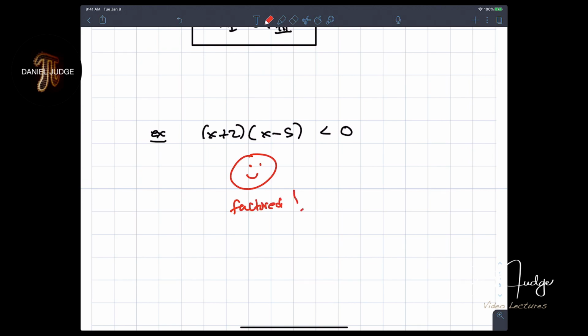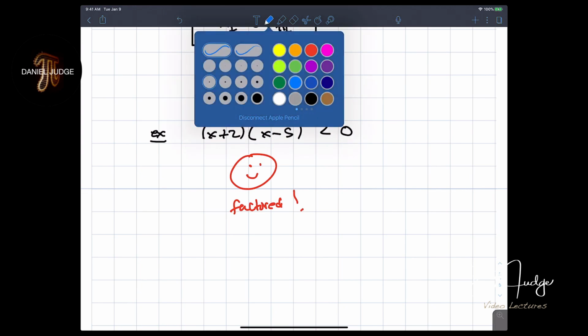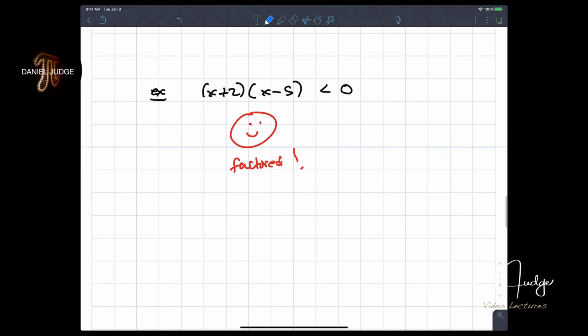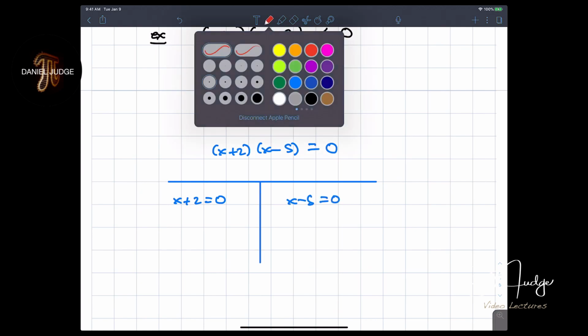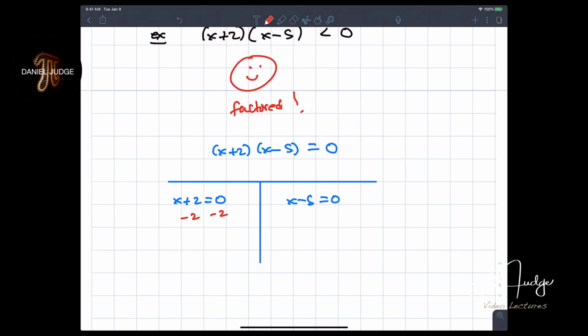Nice. So when I go through my steps of sign analysis, step 1 was to solve the equality. Since I don't have to factor, I say, okay, that's equal to 0. I got to solve this with the zero product rule now. It tells me x plus 2 is 0, x minus 5 is 0. Subtract 2 from both sides, add 5 to both sides.